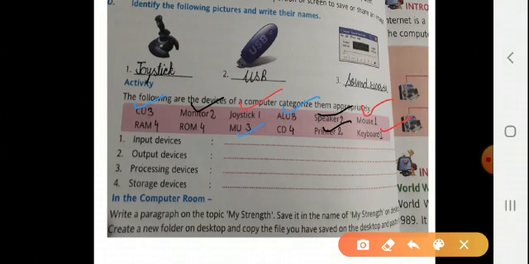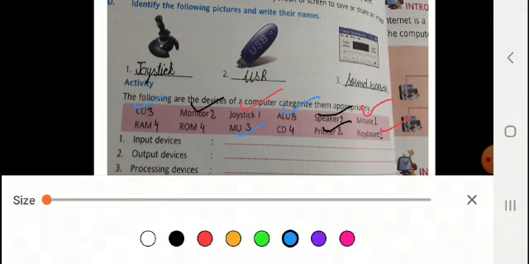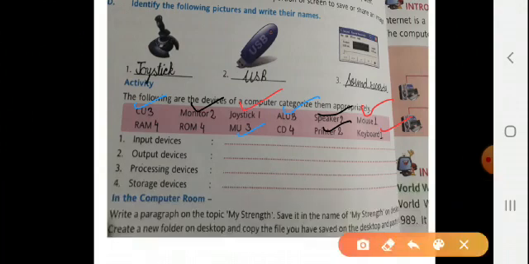Now our last one is storage devices. Storage devices are the remaining ones: RAM, ROM and CD. Read only memory, random access memory and compact disk. Okay, you have to complete them accordingly.